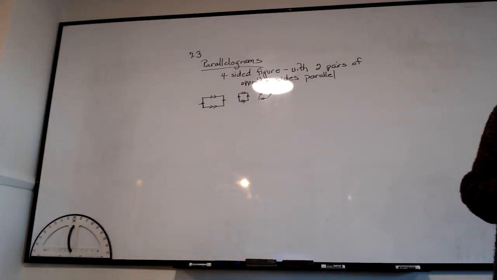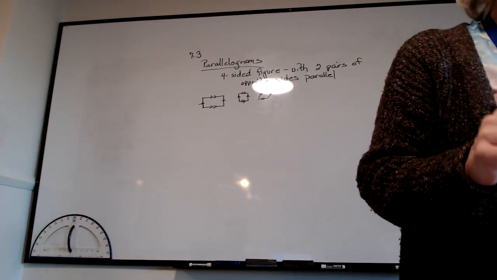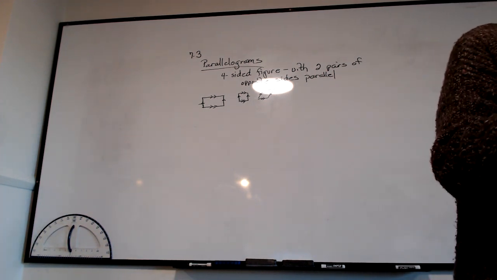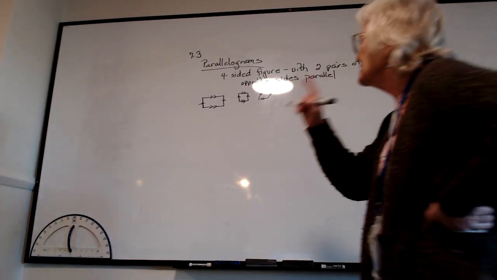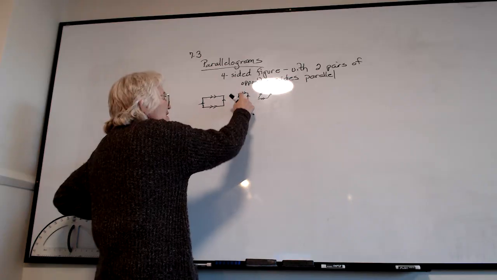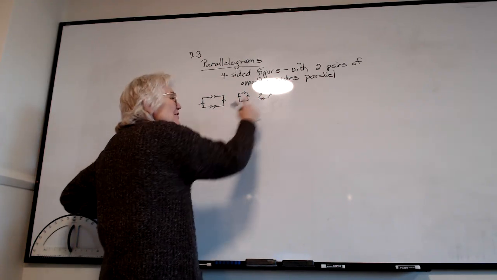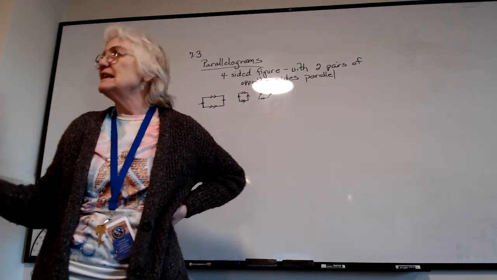Okay, so a quadrilateral. This is kind of interesting because they're parallel to each other like this, and these are parallel. Then the distances on these opposite sides are always equal.